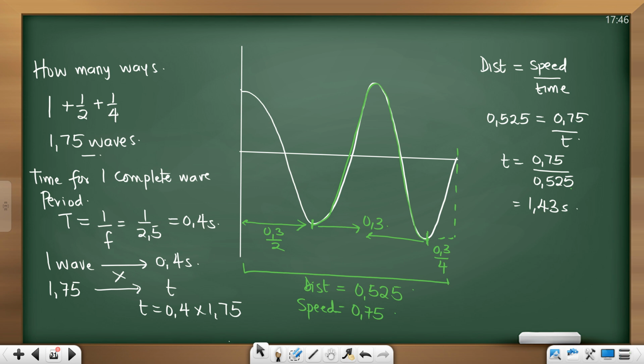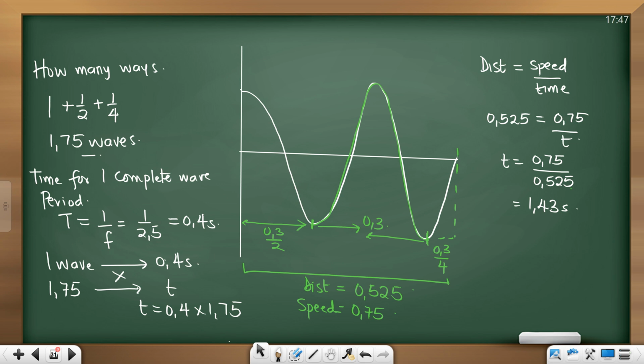So if one wave travels 0,4 seconds, 1,75, okay, something is fishy somewhere. 1 second, let me just check something. 1,75 times 0,4.